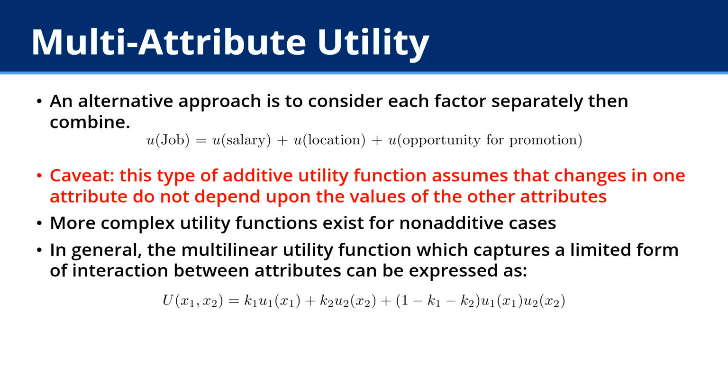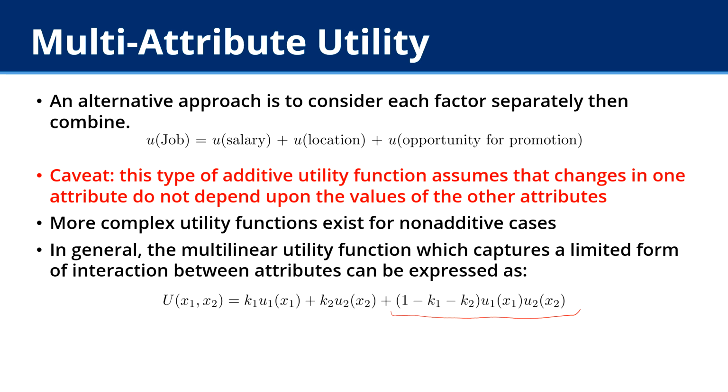Okay, so the general form here is that if we have two attributes, x1 and x2, the utility of those combined is described with the following equation. Each utility has some factor ki, so k1 for attribute 1, k2 for attribute 2, and really it's the last term here that captures the interaction between attribute 1 and attribute 2.